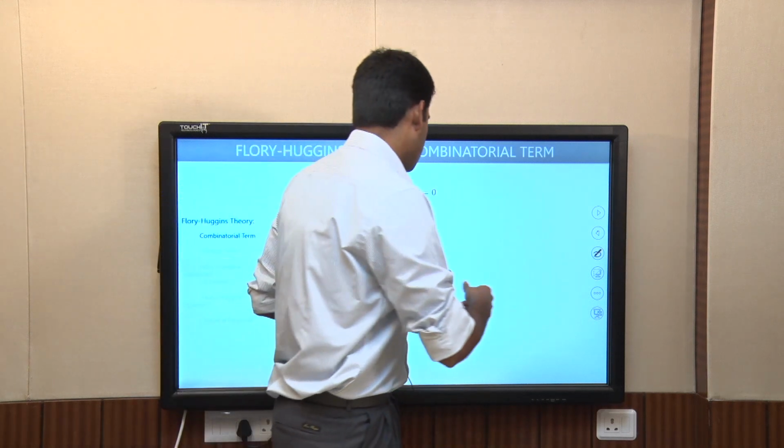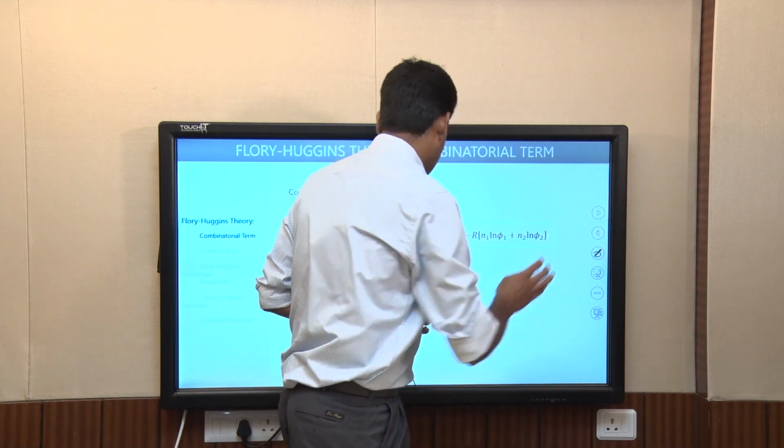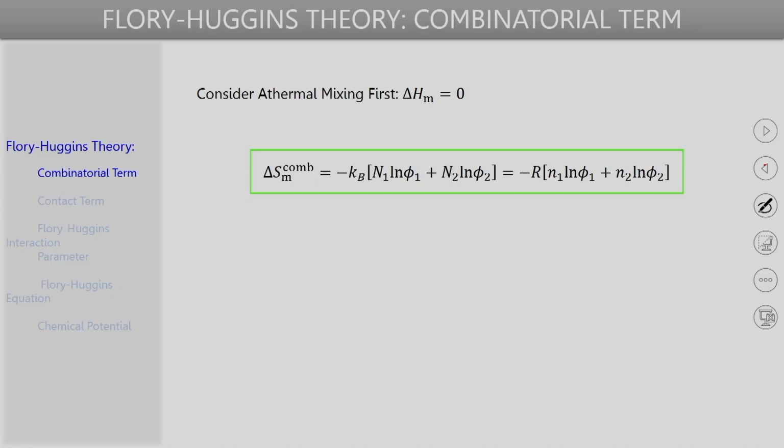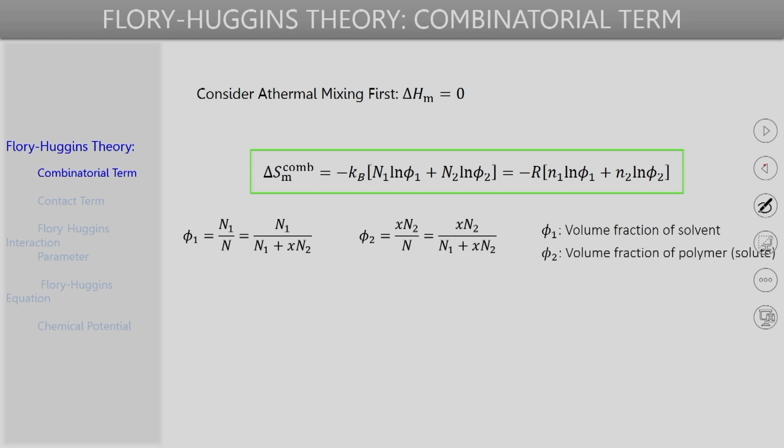So, with the athermal mixing assumption initially, we developed the combinatorial entropy term to be what is shown here. Although the steps involved a large number of mathematical manipulations, the final expression is quite simple. The combinatorial entropy change of mixing is just minus R times N1 ln phi 1 plus N2 ln phi 2, where phi 1 and phi 2 are the respective volume fractions of the solvent and the polymer in the solution.